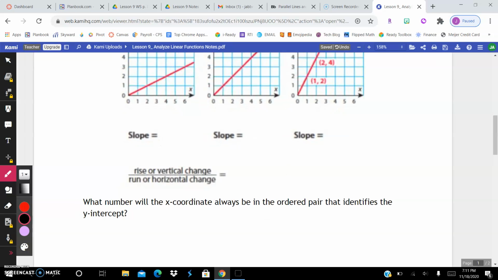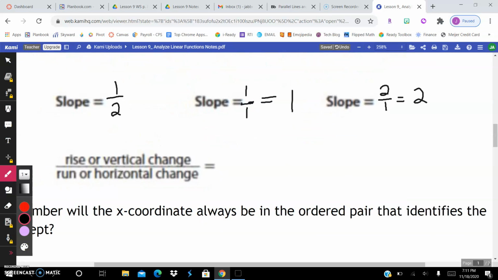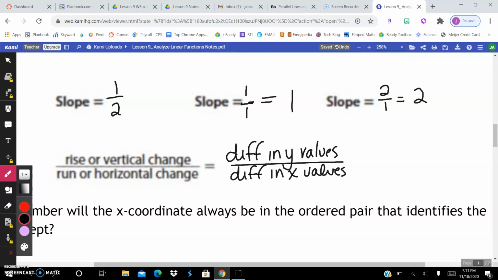Now, the rise or the vertical change is the difference in your y values. And the run or the horizontal change is the difference in our x values. So there is a slope formula that we can use if we don't have a picture to actually figure out the rise and the run.